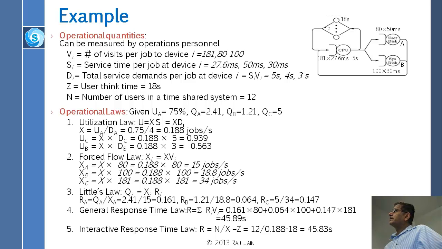What we are given is that the utilization of device A is 75%. Somebody measured that. And the queue at disk A is 2.41, and QB is 1.21, and QC, the CPU, number of jobs in the queue is 5.